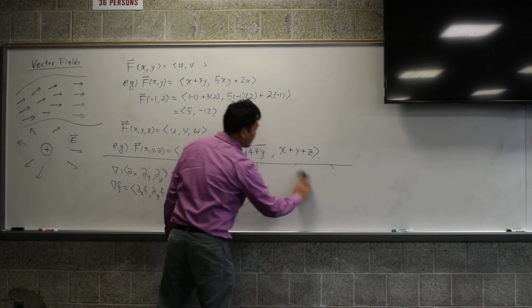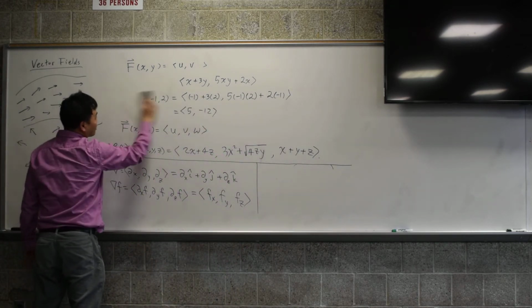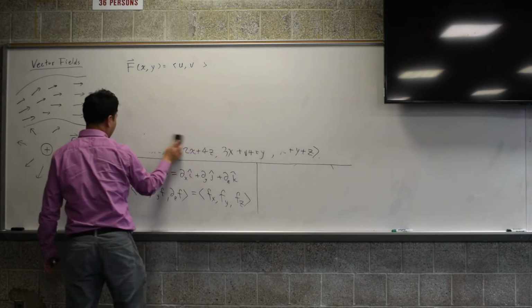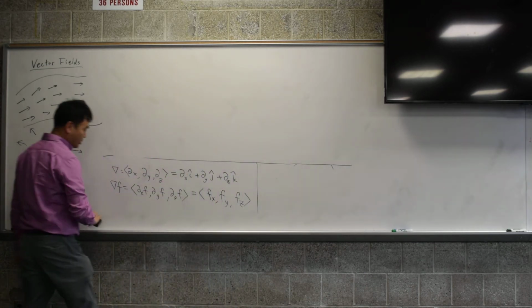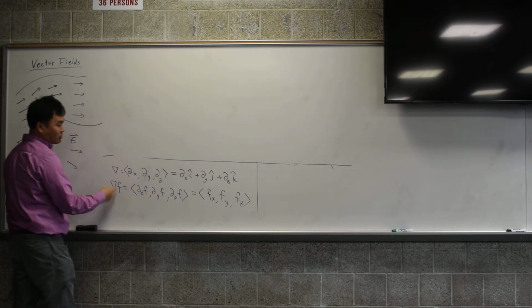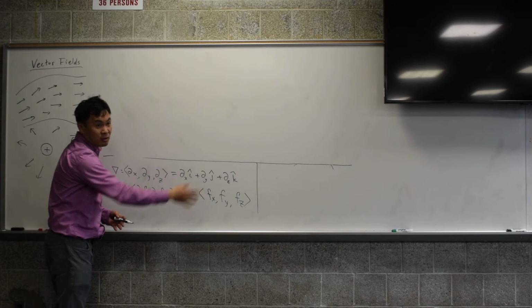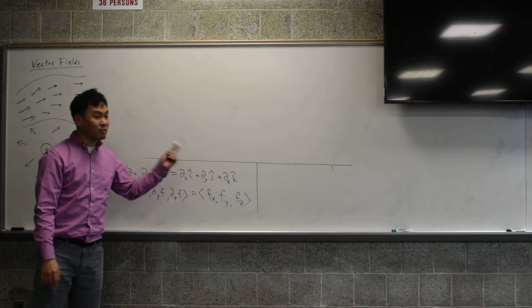Now, what's more important is the following. Nabla is an operator because it operates on functions. If something takes a function and produces another kind of function, you call it an operator. But it's a vector valued operator, so it's like a vector.